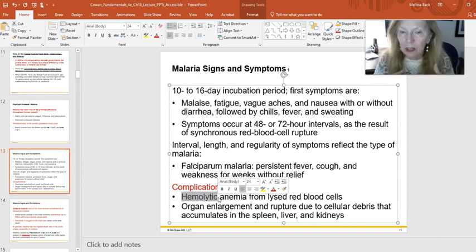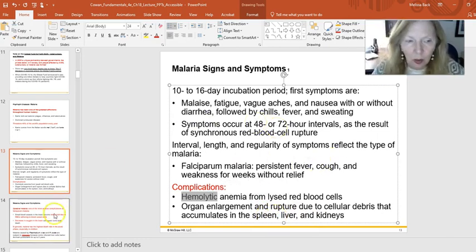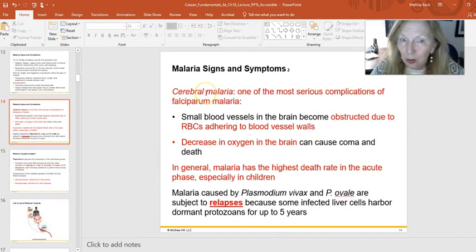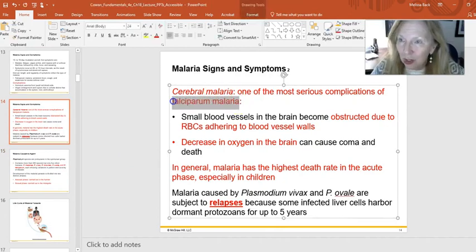If that's happening, that's going to have widespread effects leading to kidney failure and spleens rupturing, and it's systemic is how this is going to end up happening. You can even have cerebral malaria, which is another complication of Plasmodium falciparum, and then it can lead to oxygen deprivation in the brain, which leads to coma and then eventually death.